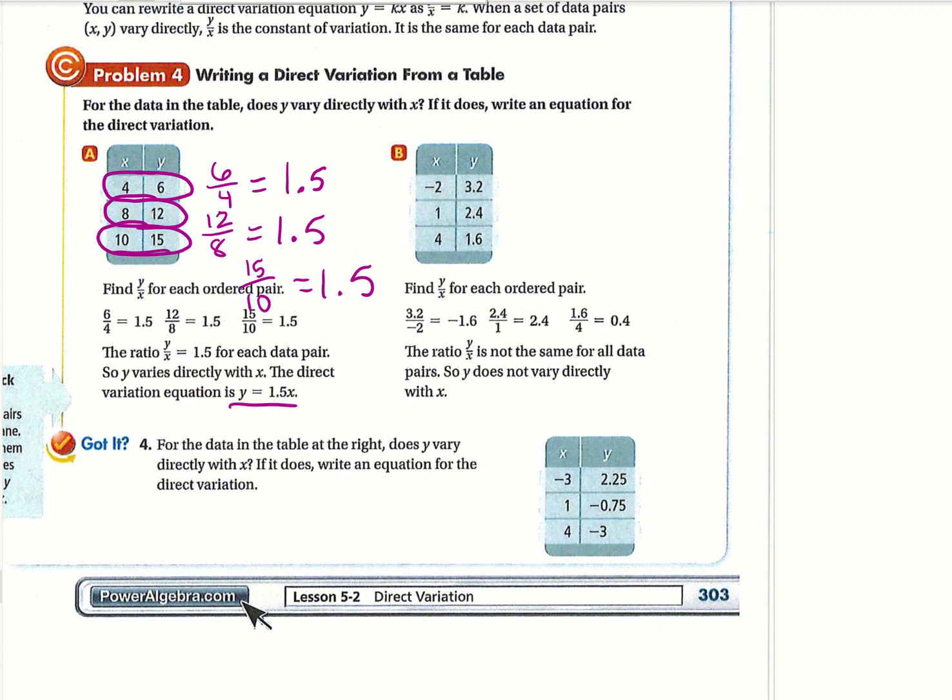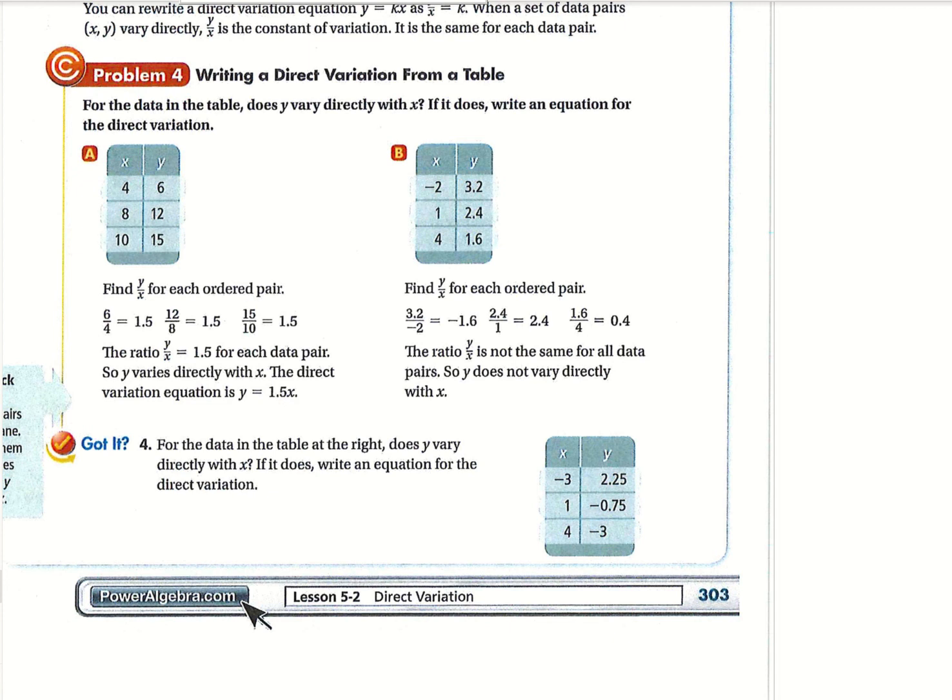All right. And then if we looked at B, if we did the exact same thing, you'll see that the values they got when they did those ratios are negative 1.6, 2.4, and 0.4. Obviously, those are not the same. Okay, since they are not the same, even though it is linear, notice it is linear, that means we don't have a direct variation, because those are not proportional to each other.